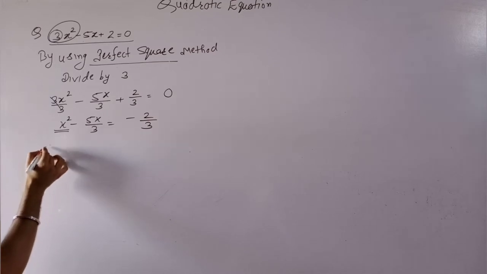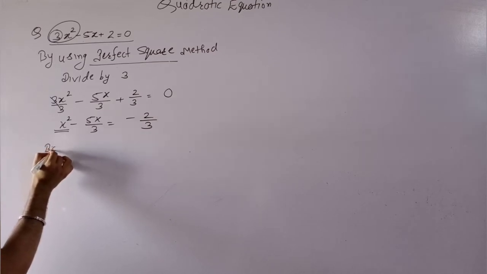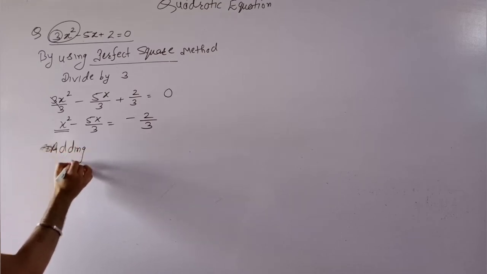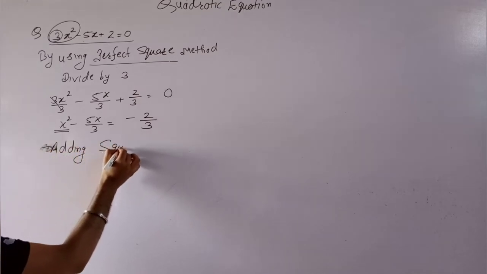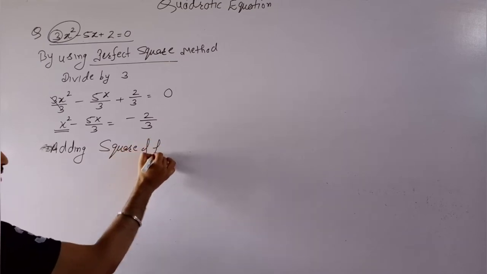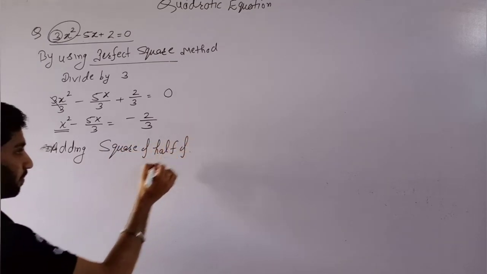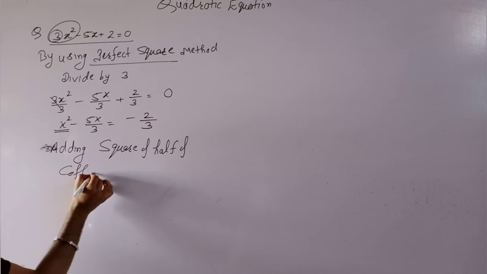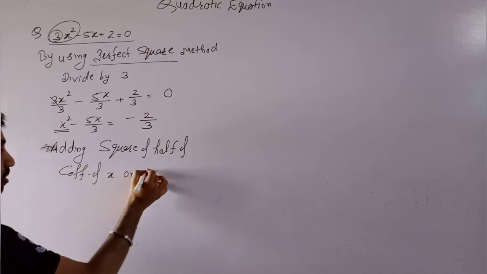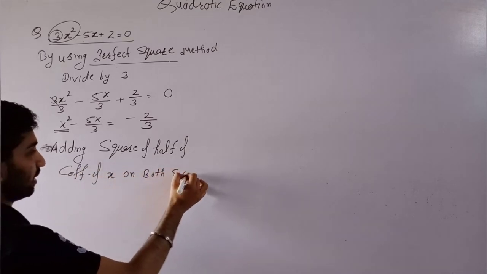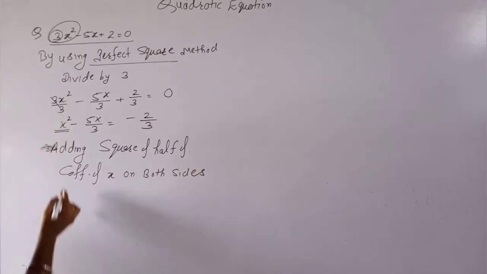Now, it is the most important step: adding the square of half of the coefficient of x on both sides. It is the most important step.